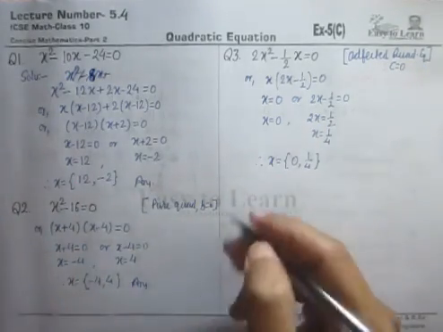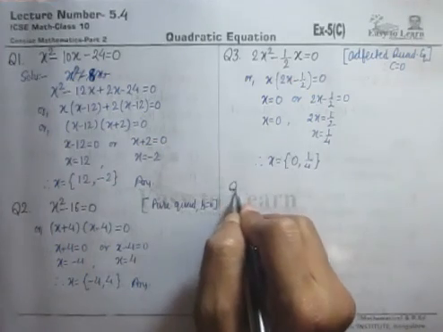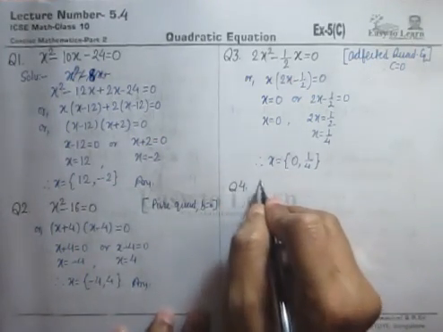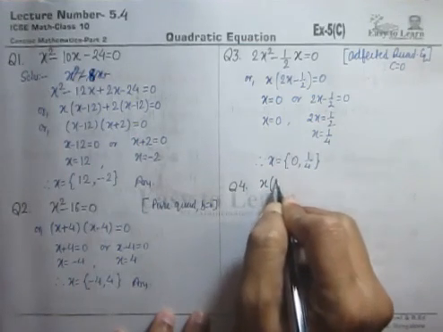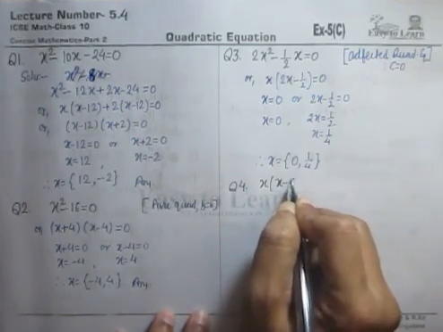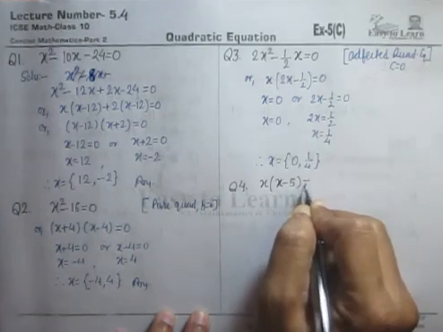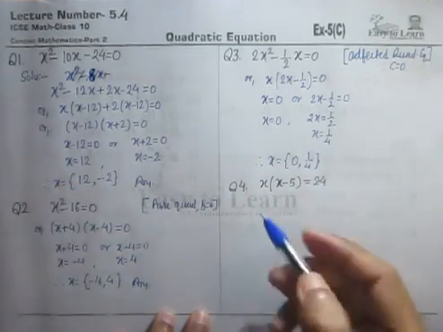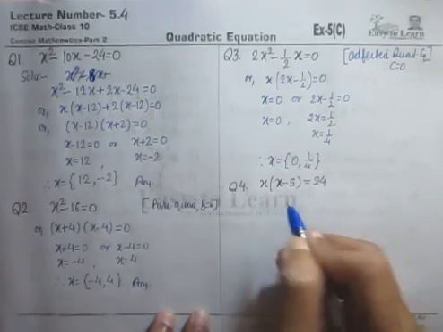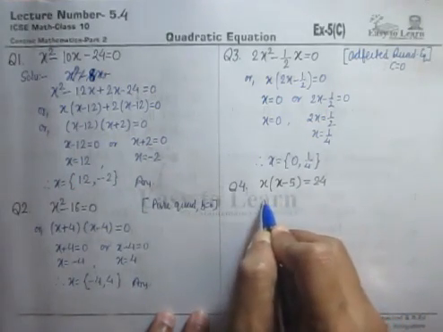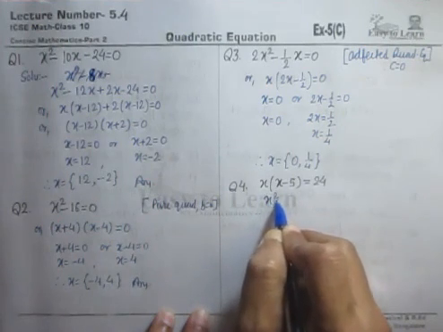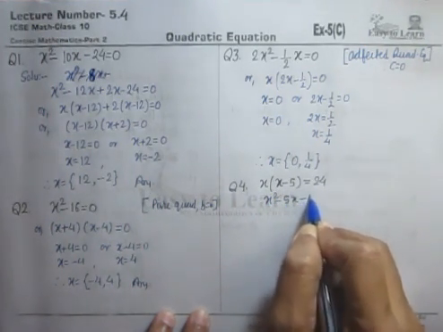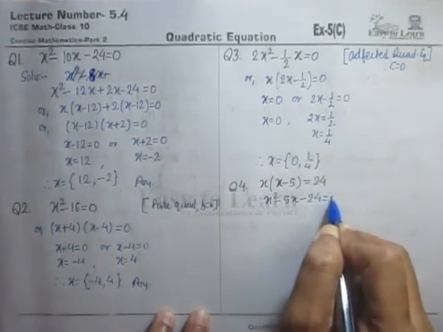Now question number 4. X into x minus 5 is equal to 24. So first of all arrange the equation in general form. So x square minus 5x, and shifting 24 to the left side, minus 24 equal to 0.